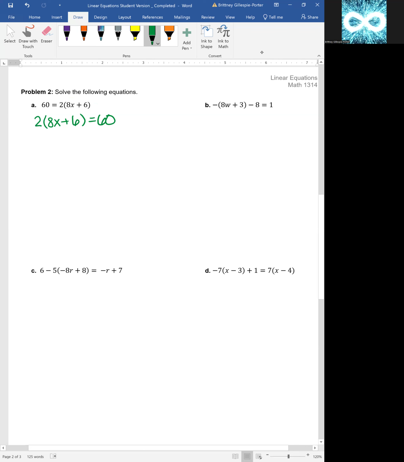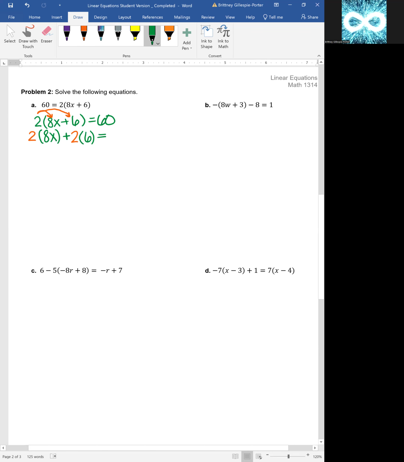Whenever we have the parentheses, we're going to have distribution. Distribution is a fancy way of saying that we need to push that 2 all the way through the parentheses, which means we're going to take 2 times 8x plus 2 times the 6 equals.